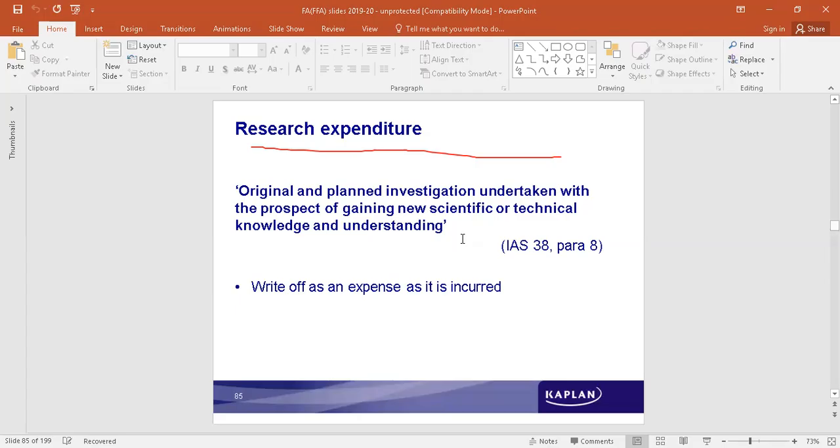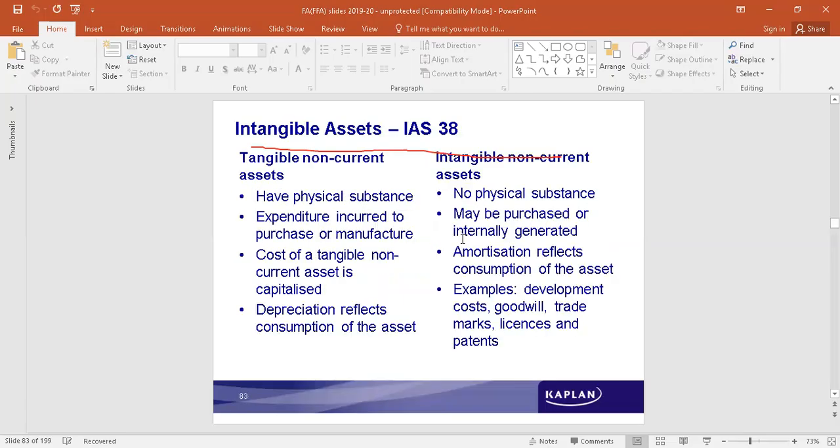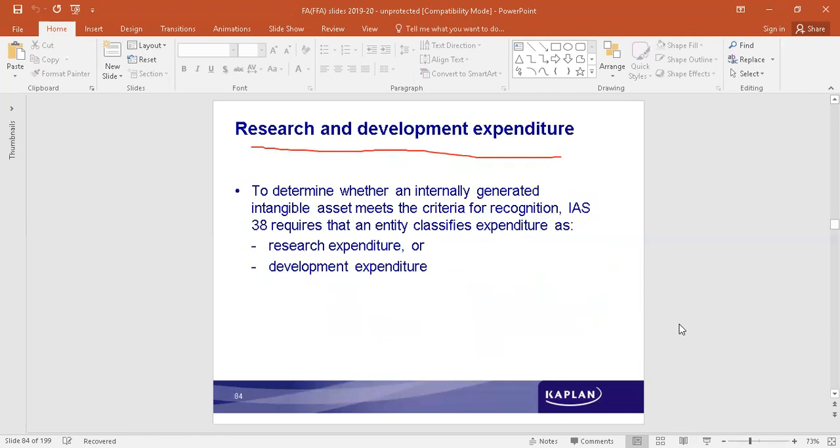Nothing is capitalized. If it is capitalized, that amount will appear in the balance sheet, like these items: trademarks, licenses, patents, etc. As they appear in the balance sheet on the asset side, research expenses would also appear, but we do not know for how long the benefit would be realized; it's an indefinite period of time.